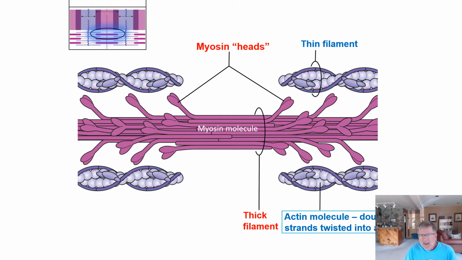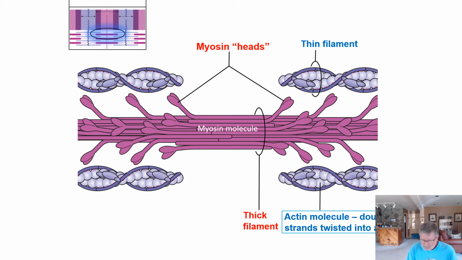And you'll notice again that in addition to the heads here, like paddles that stick out from the myosin, the actin filaments, the thin filaments, are made of this sort of double strand of globular proteins that are wrapped in a helix, right?